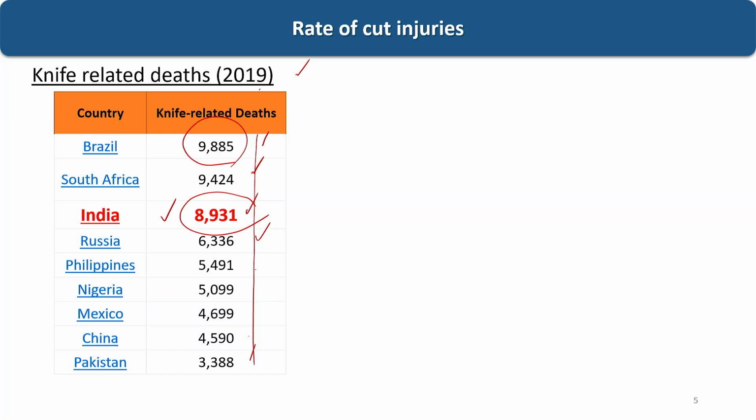So here the cut protective textiles will definitely be useful. Apart from these data related to death, there are injuries, and a large number of injuries take place worldwide.